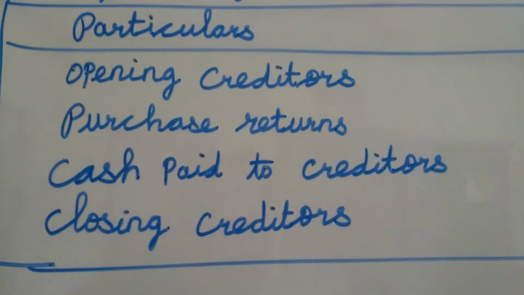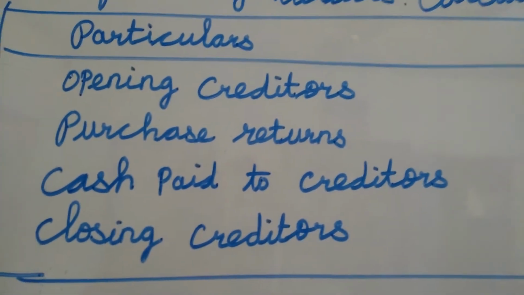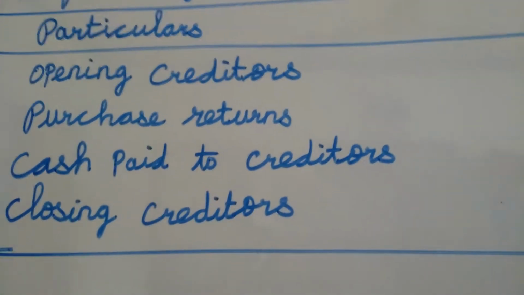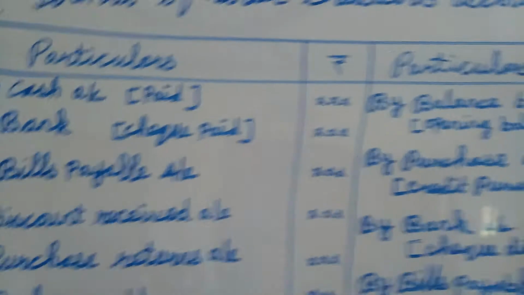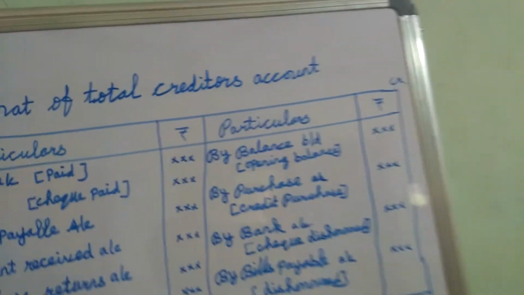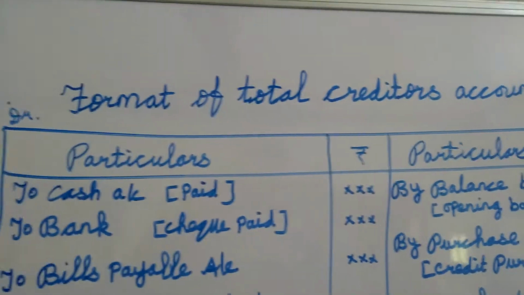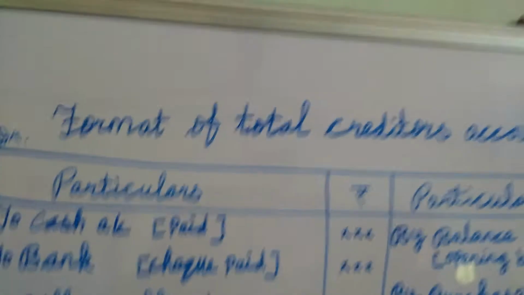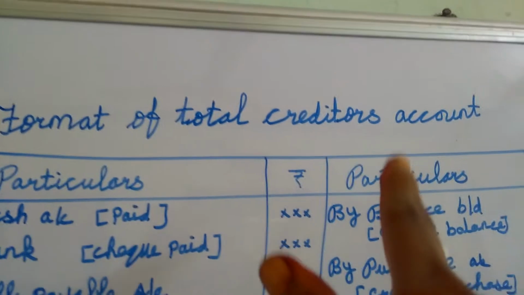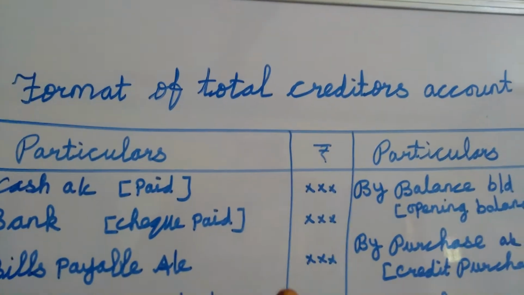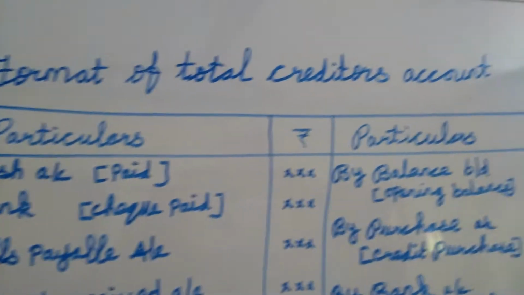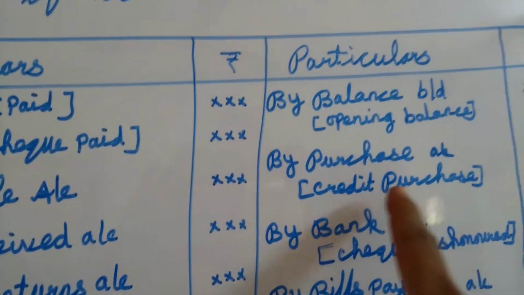If you want to find out the credit purchase, we have one format. According to that format, we will easily find the credit purchase. We prepare the format of the total creditors account. Through this total creditors account, we can easily find out the credit purchase.